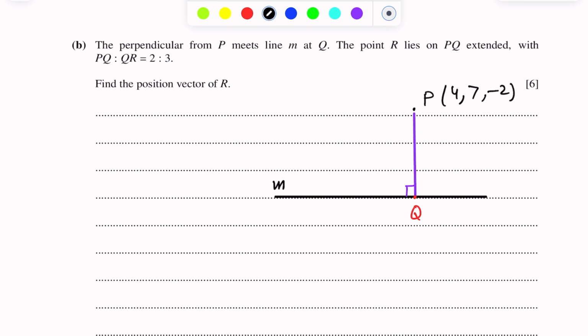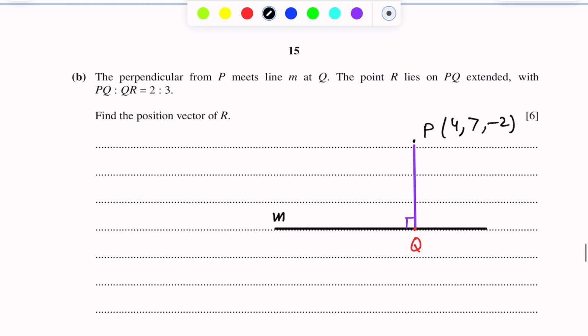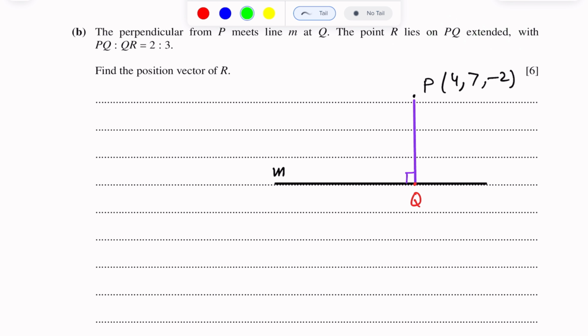Now R lies on this line when extended. The point R lies on PQ extended. If we extend this line PQ, let R be here. This point is Q. We have to find the position vector of R.